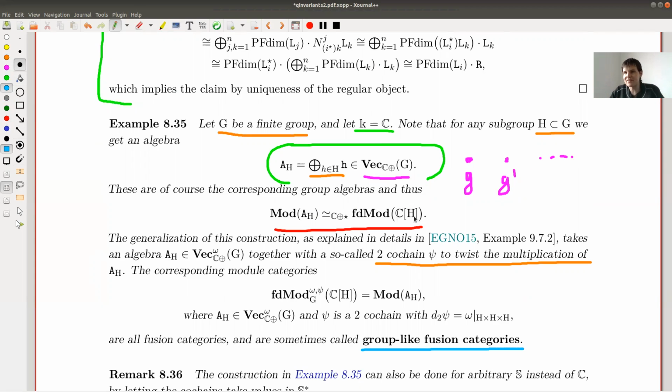Those co-chains are a smart way to encode where to put certain scalars. So everything is the same as before, but twisted by scalars. This is another source of examples of fusion categories.